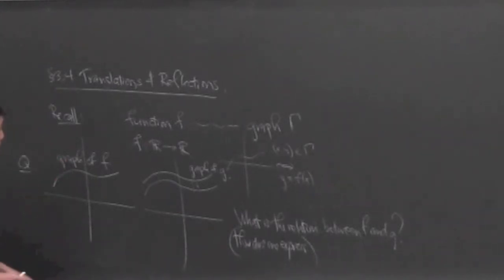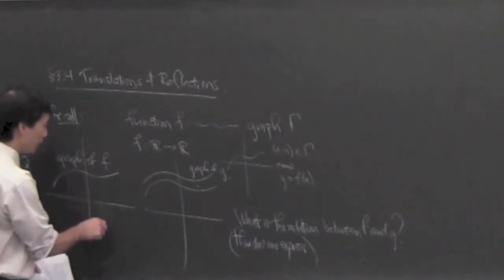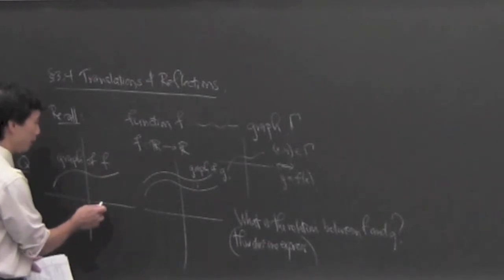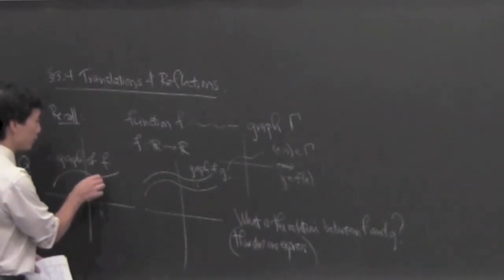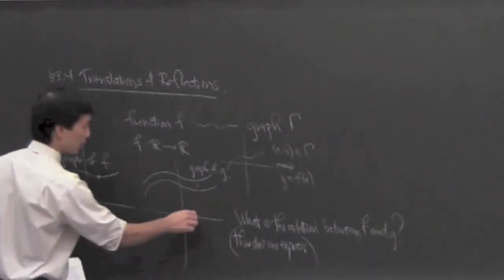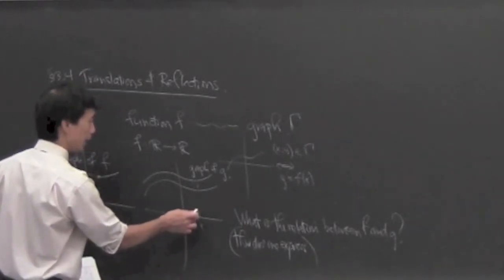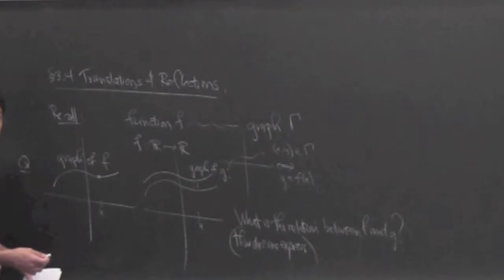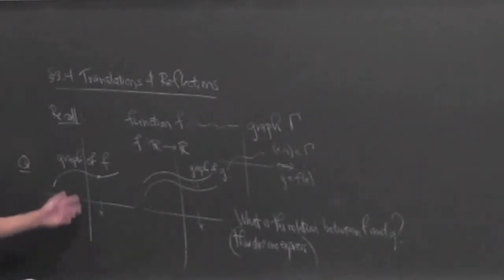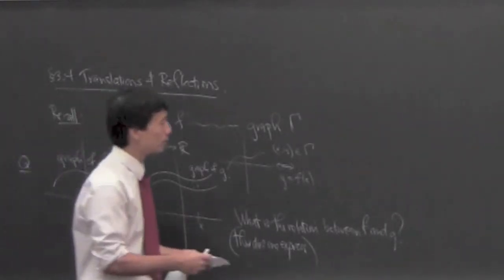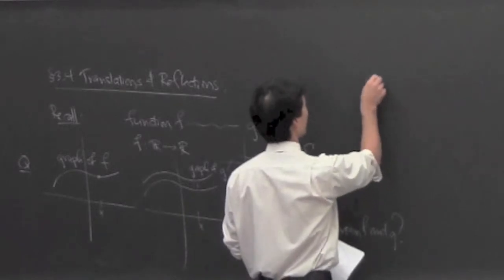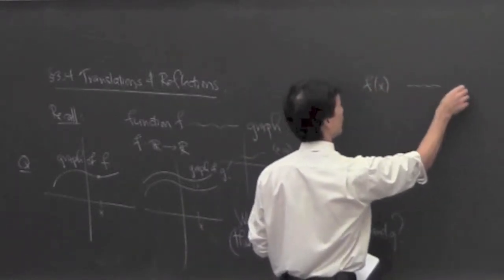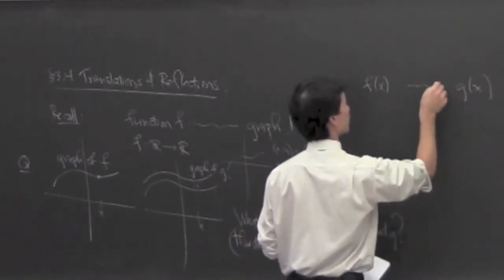Just look at it. You think, okay, well look, f takes x to a particular height. G takes x to that height plus 1. So how do you express the relation between f of x and g of x?